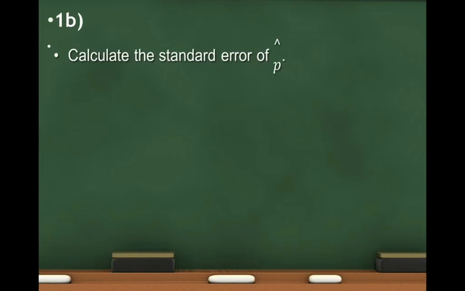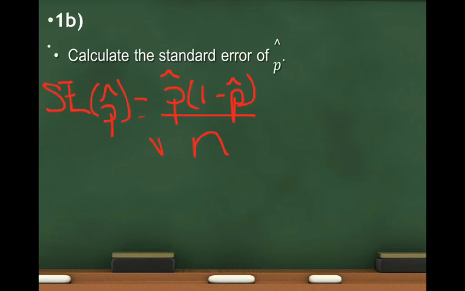What we want to do next is, from that p hat of 0.49, calculate the standard error for p hat. Remember, to find the standard error for our p hat, it's the square root of p hat times 1 minus p hat, divided by our sample size.